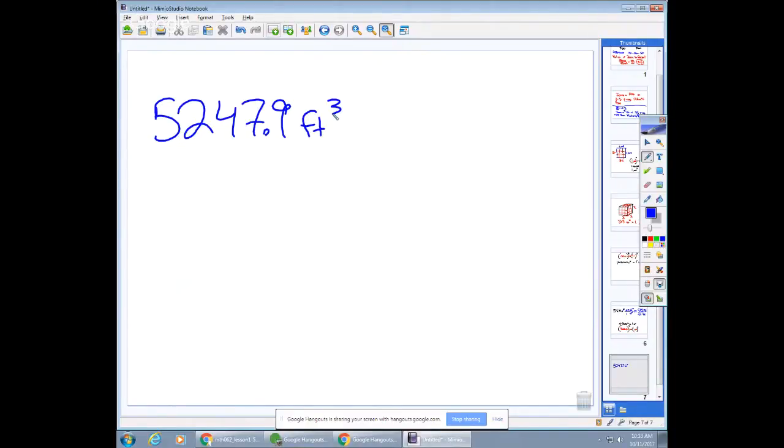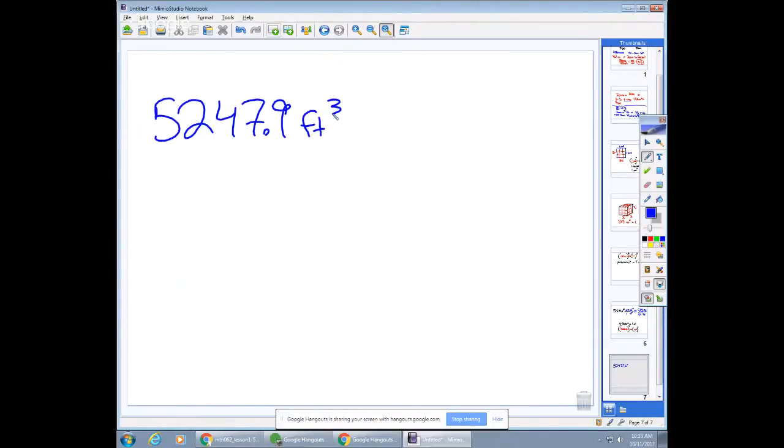So the book gives the centimeters to inches conversion factor. So I want to first convert feet to inches. How many inches are in a foot? 12. So what would I do to the 12 to talk about cubic feet and cubic inches? I would cube it, right?